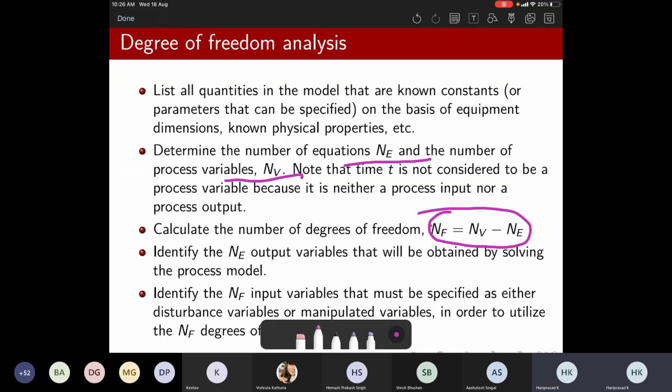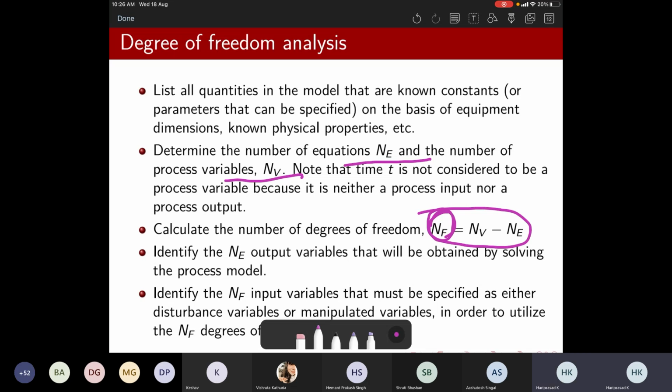NF is the number of variables that you can play around with, because if there are an equal number of equations and an equal number of unknowns, you have only a unique solution. There is nothing to change, because the solution is unique. You got it?